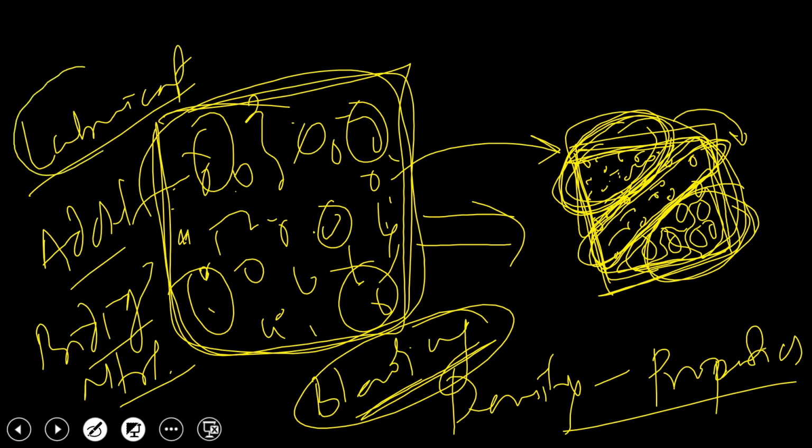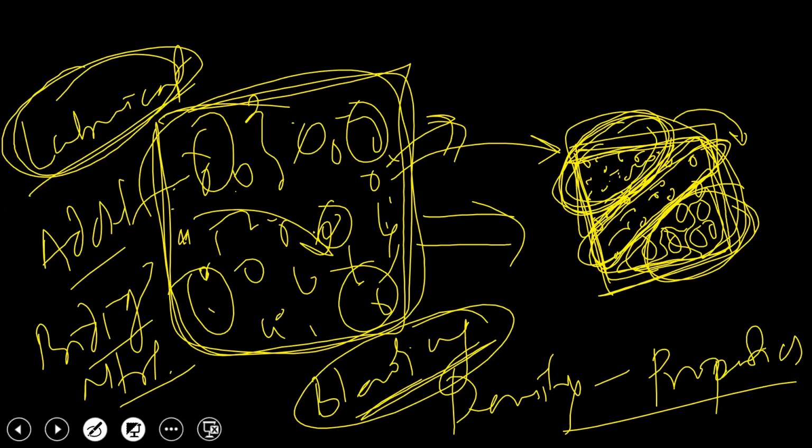If I add a lubricant material to these powders, the function is that when you compact these powders, or when you transfer these powders and these additional materials into a mold, that transfer should be easy.